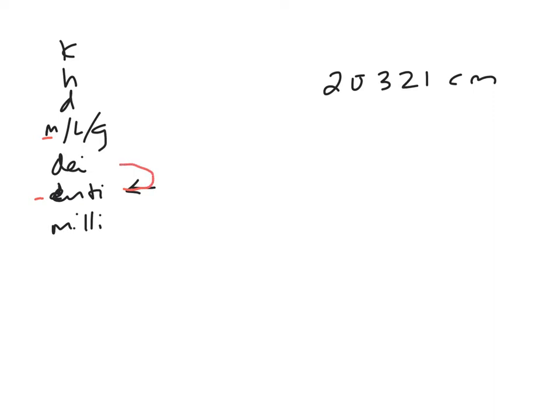I went up 1 and up 1. For each space I go up, I'm going to divide by 10. So if I have 20,321 and I divide it by 10 and divide it by 10, that's equal to 203.21 meters.